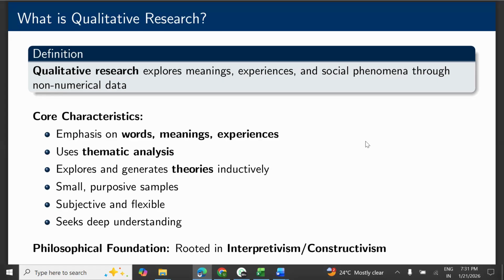It uses thematic analysis. It explores and generates theories inductively. It is based on small and purposive samples. It is subjective and flexible. It seeks deeper understanding. The philosophical foundation for qualitative research is rooted in interpretivism or constructivism.